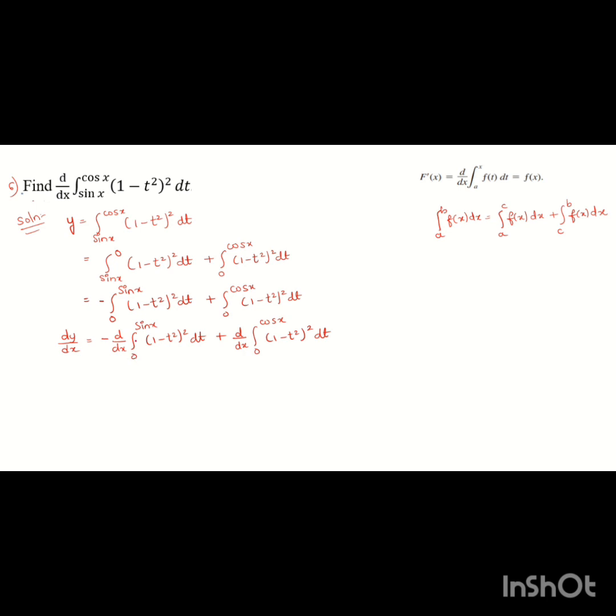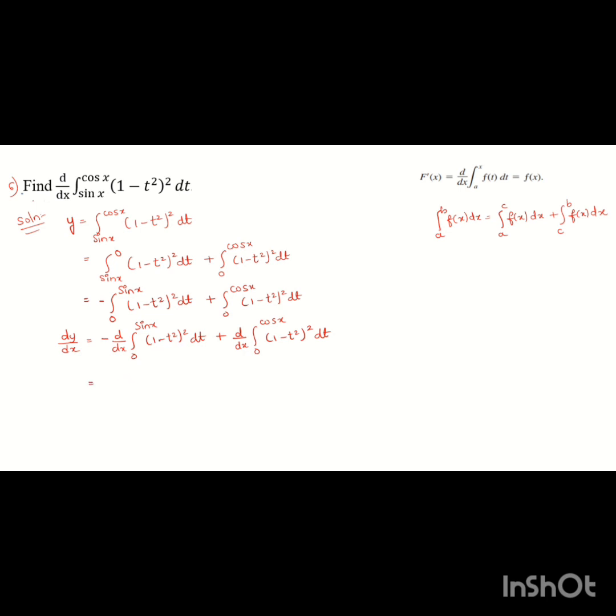So we can apply the rule here directly. Since we have minus d by dx of integral 0 to sin x, f of t can be written as f of x.